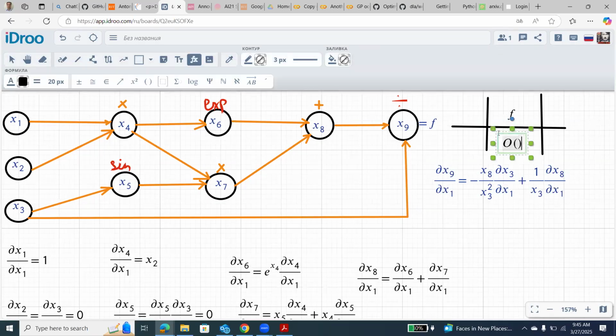What is the time complexity to calculate the gradient? What is the time complexity to compute the derivative with respect to x1? Again, in every node, we will do about 2 operations, like in case of addition. So what will be the time complexity to calculate the derivative with respect to x1?